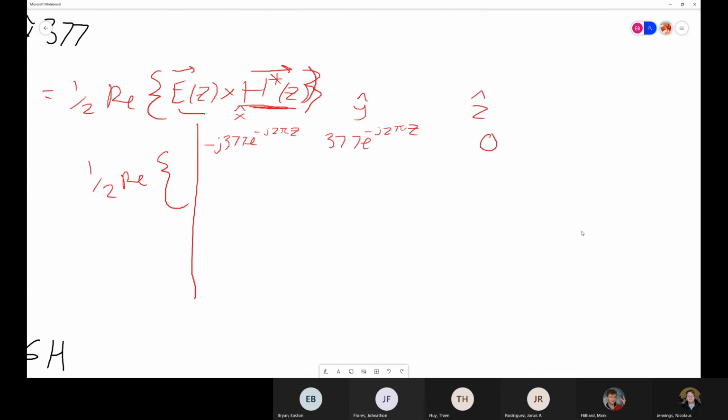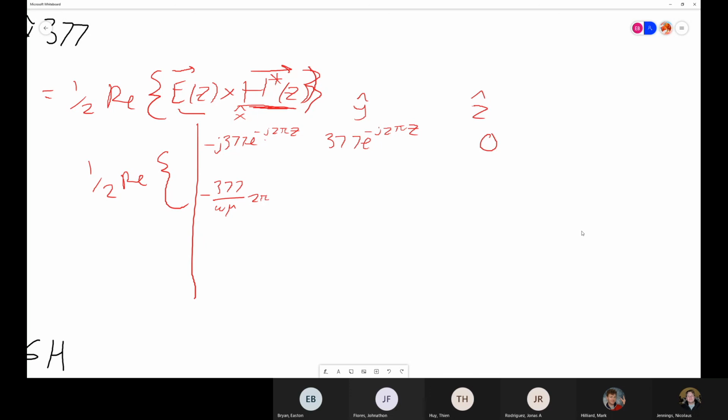And then for magnetic intensity, negative 77, 2 pi. And then the angle is negative in the answer that we got for H of z. So here it's going to be positive because it's the complex conjugate.